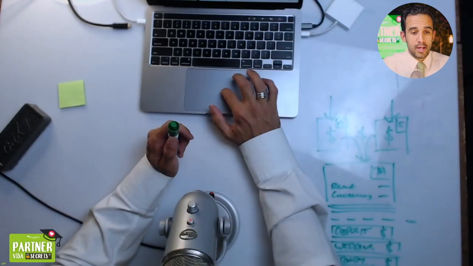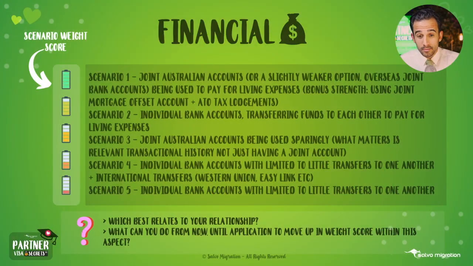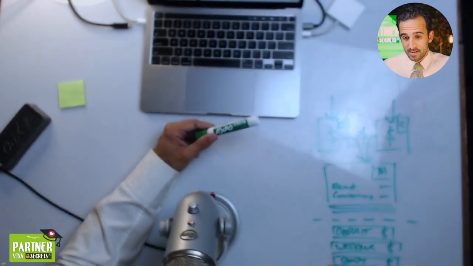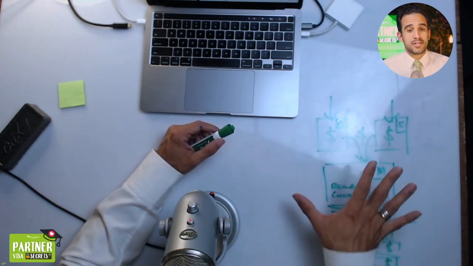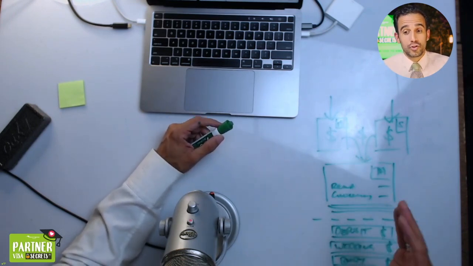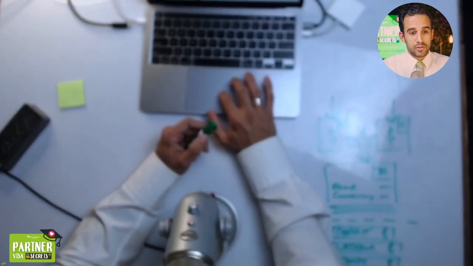There's going to be scenarios where one partner may not be working, and not all of those elements may be applicable to you, but it's about trying to get something along these lines in place in your relationship as soon as possible, and then use this structure for as long as you can prior to applying for your application.